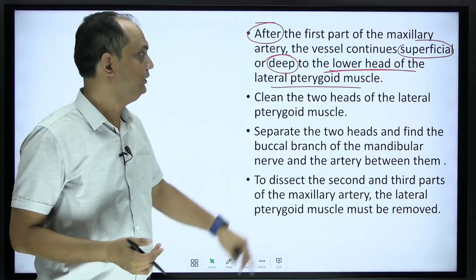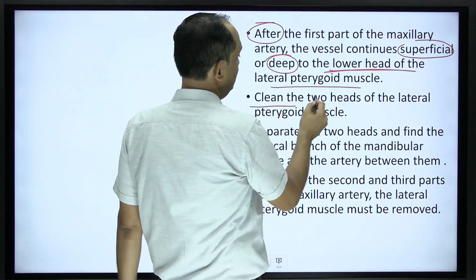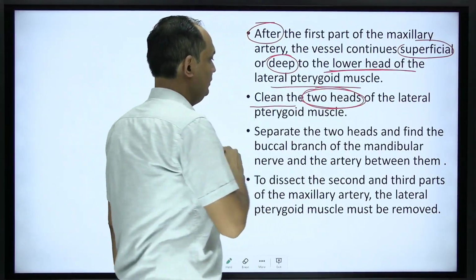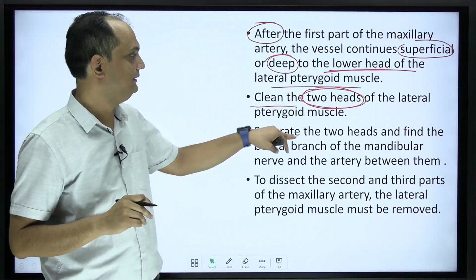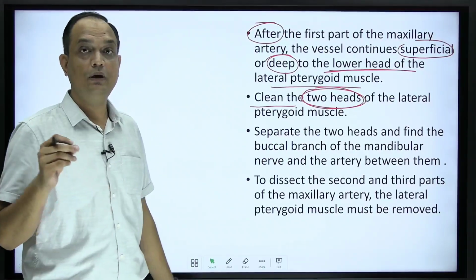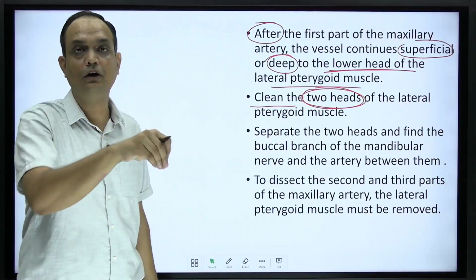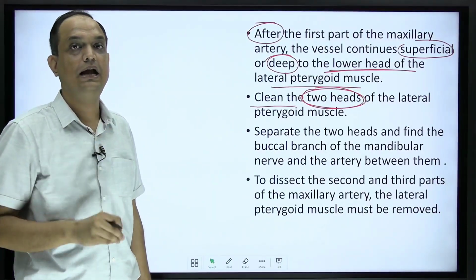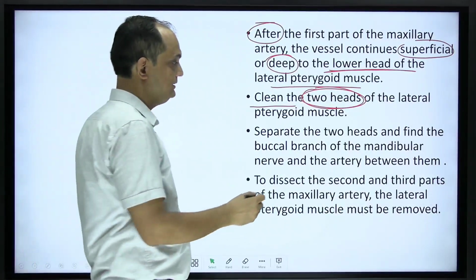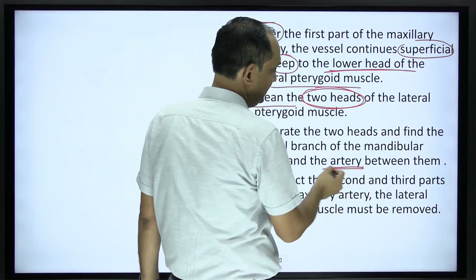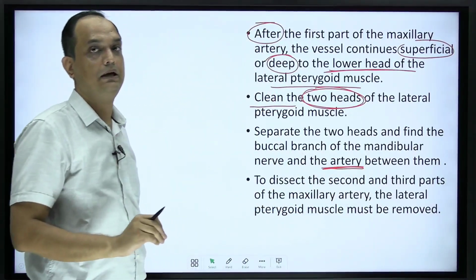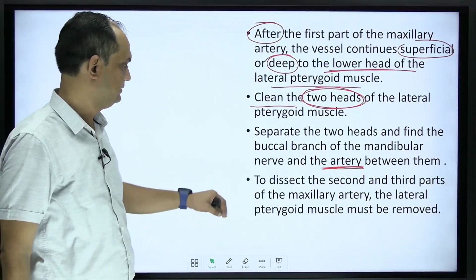Now when you clean the two heads of the lateral pterygoid muscle and separate them, you will find one important artery coming out between the two heads, and that is known as the buccal artery. This buccal artery comes out along with the buccal nerve, which we will discuss in a while.